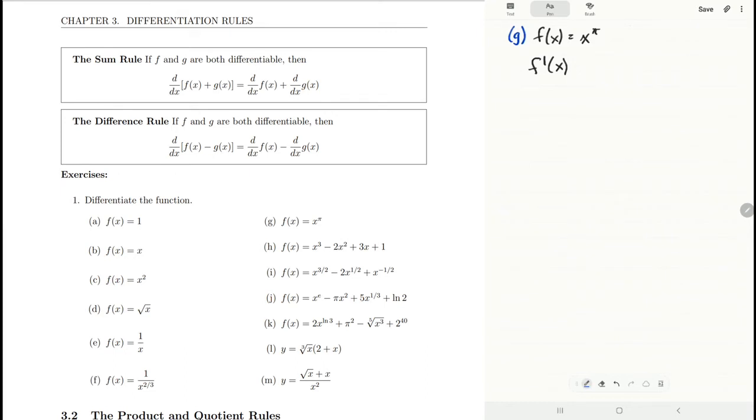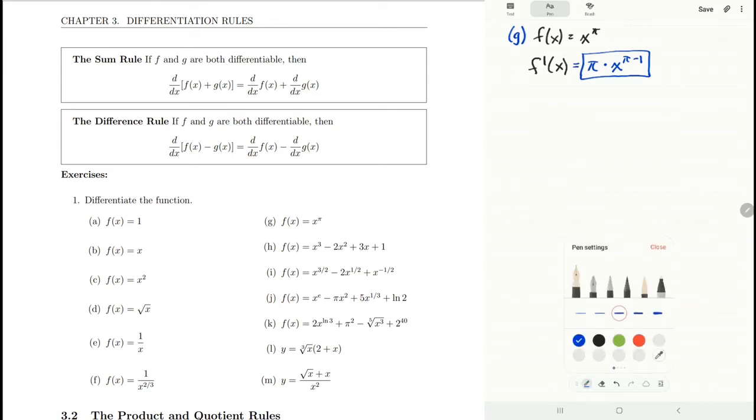So we apply the power rule. We will multiply the exponent in front, which is pi, and then we subtract 1 from the exponent. So we have x to the power of pi minus 1, and this is as simplified as we can get. So our derivative is pi times x to the power of pi minus 1.